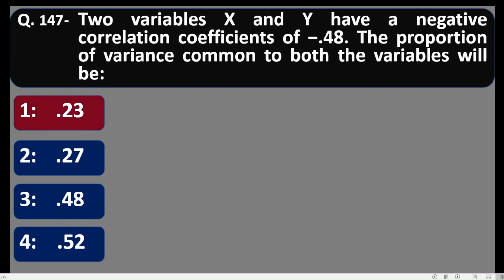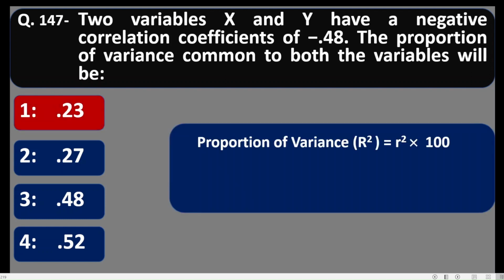How? Let us see the formula. The formula for proportion of variance equals r square into 100. The proportion of variance is known as r square, that is capital R square, is equal to small r square into 100. Small r means the correlation coefficient, and here it is minus 0.48. The square of that will be 0.2304.